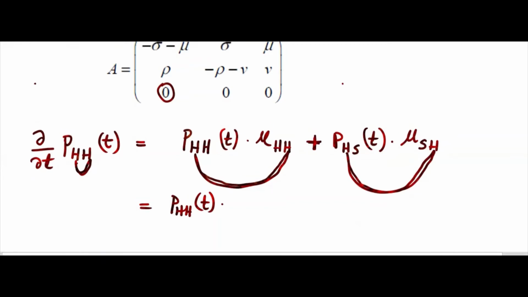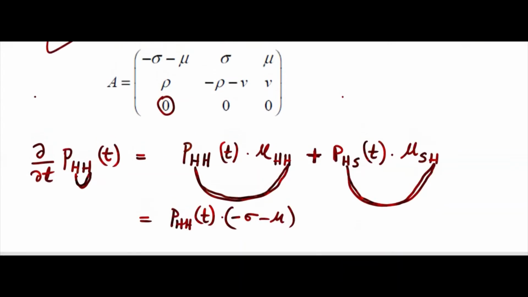See, minus sigma, this is the mu, the first one. All are mu's here. Then plus SH, this one, here to here, that is rho.